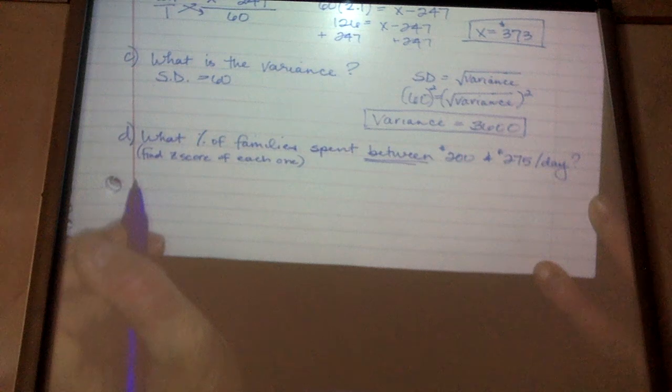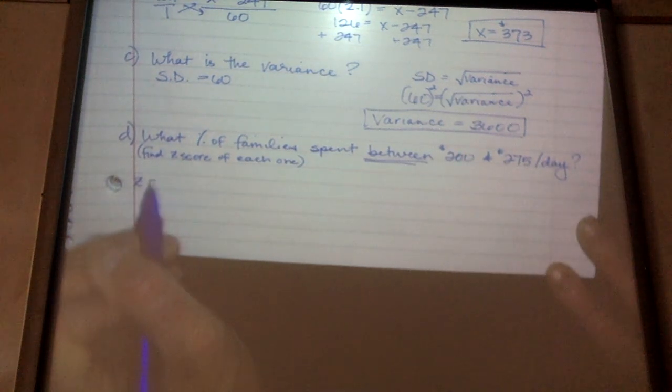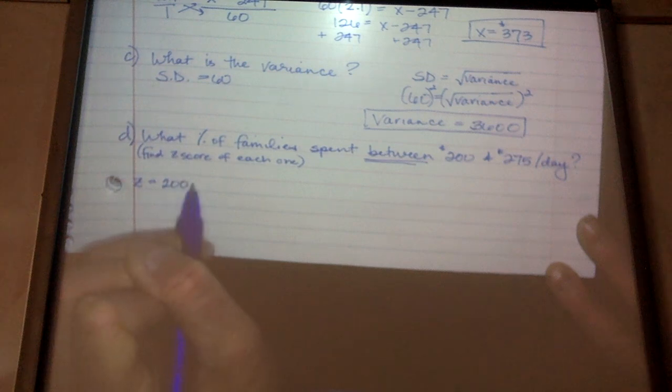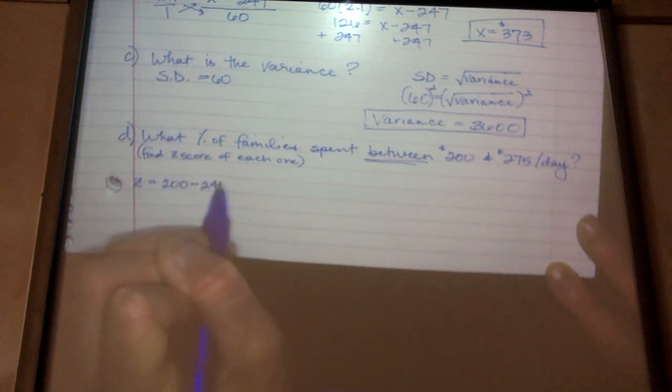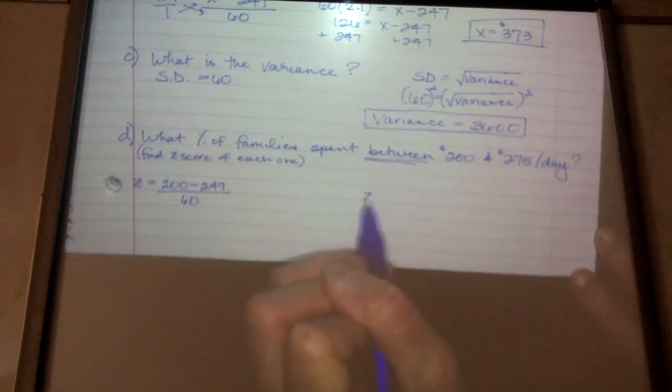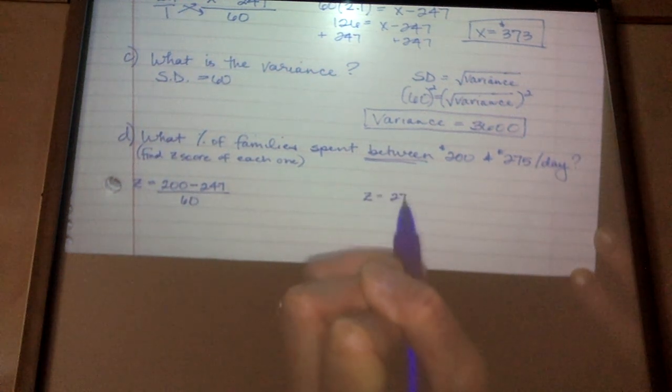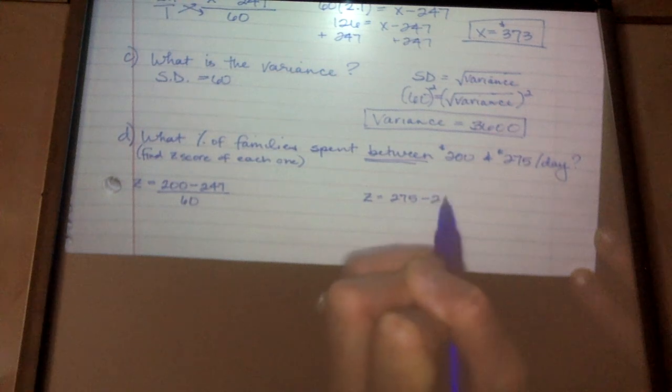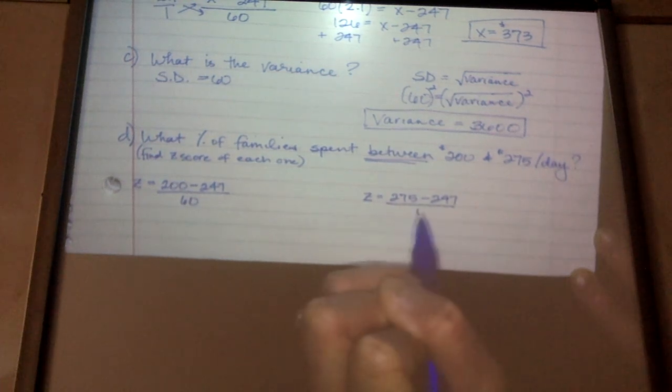So let's first start with the value on the left, 200. So what is my z-score for 200 minus the average divided by the standard deviation? And then I'm also going to find the z-score of $275 minus the average divided by the standard deviation.